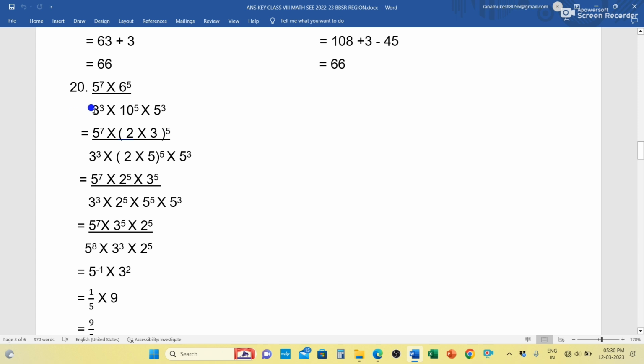Then 3 to the power 3 multiplied by 10 to the power 5, where 10 equal to (2 into 5) whole to the power 5, multiplied by 5 to the power 3. Then 5 to the power 7 multiplied by (2 multiplied by 3) whole to the power 5 equal to 2 to the power 5 multiplied by 3 to the power 5, divided by 3 to the power 3 into (2 multiplied by 5) whole to the power 5, equal to 2 to the power 5 multiplied by 5 to the power 5 multiplied by 5 to the power 3.